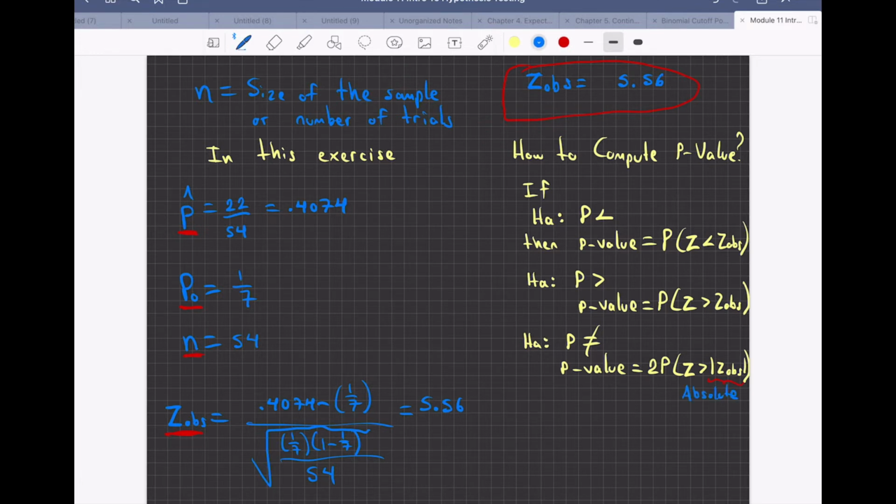So depending on how you have set up the alternative, that is how you need to compute the p-value.